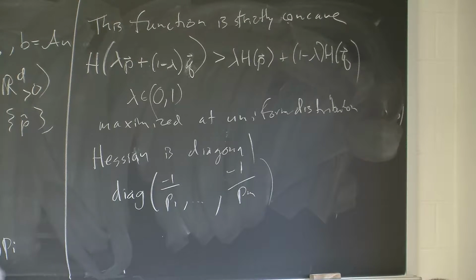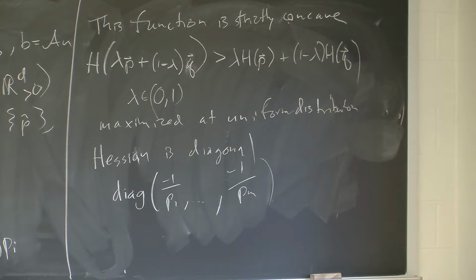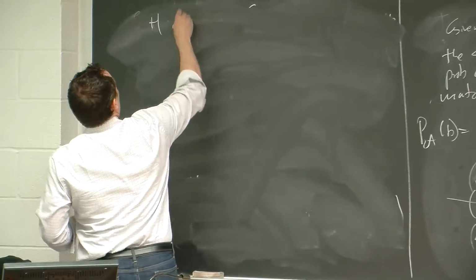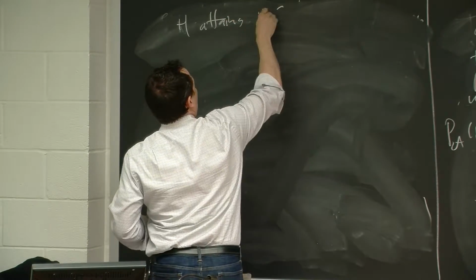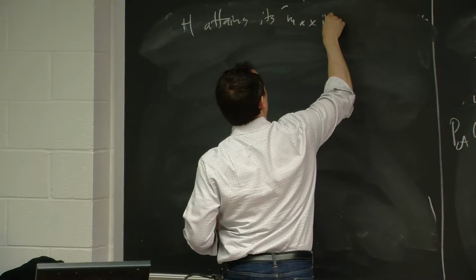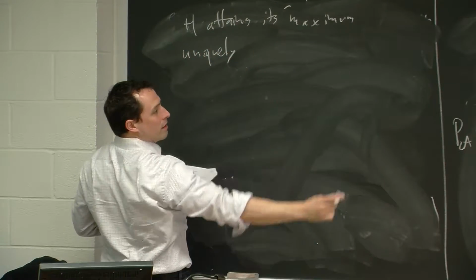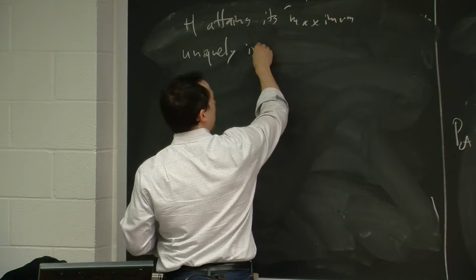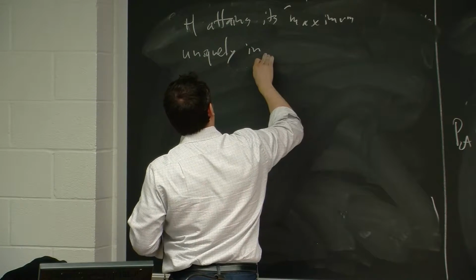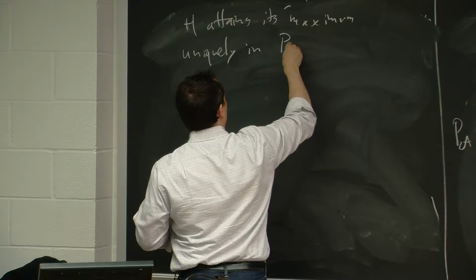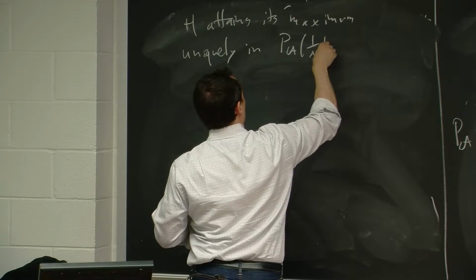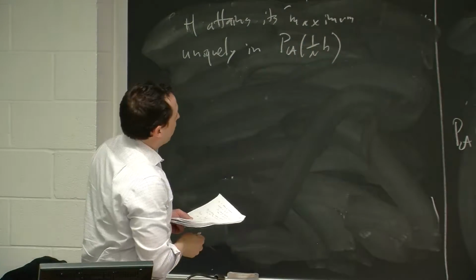And so the claim is that this entropy function attains its maximum uniquely. Because of the Hessian and concavity, a concave function on a convex polytope has a unique maximum in this set of feasible distributions.